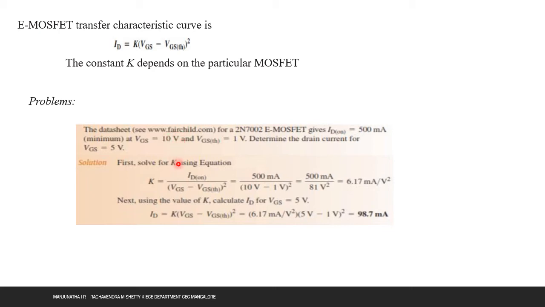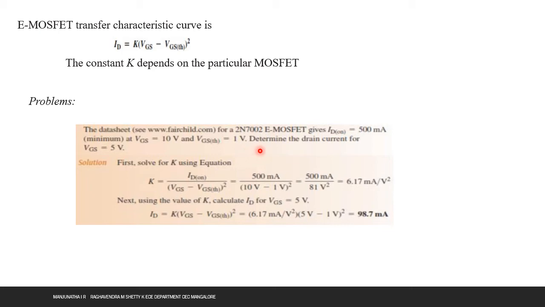So to get the minimum ID of 500 milliamps, the required VGS is 10 volts. And VGS threshold is equal to 1 volt. Threshold value is always constant. After the threshold value of VGS only will we get different values of ID for different values of VGG or VGS.